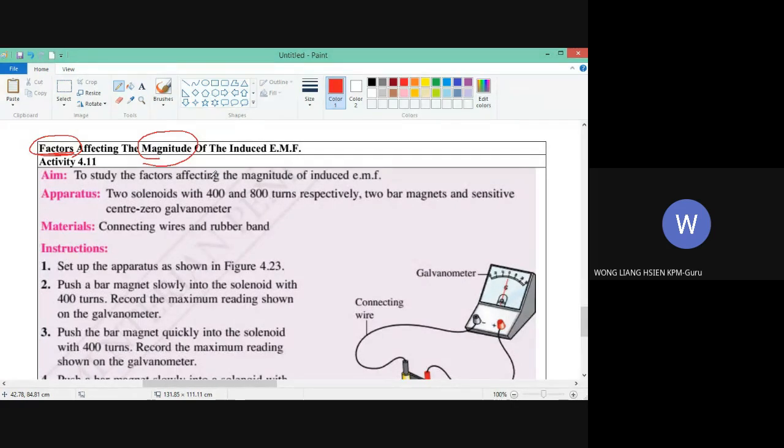This is very important because induced EMF produces the induced current, right? So if we can have a bigger EMF, then we can have a stronger current, right? So we want to learn how to produce a stronger EMF, how to make the EMF bigger. So, factors affecting the magnitude of the induced EMF.